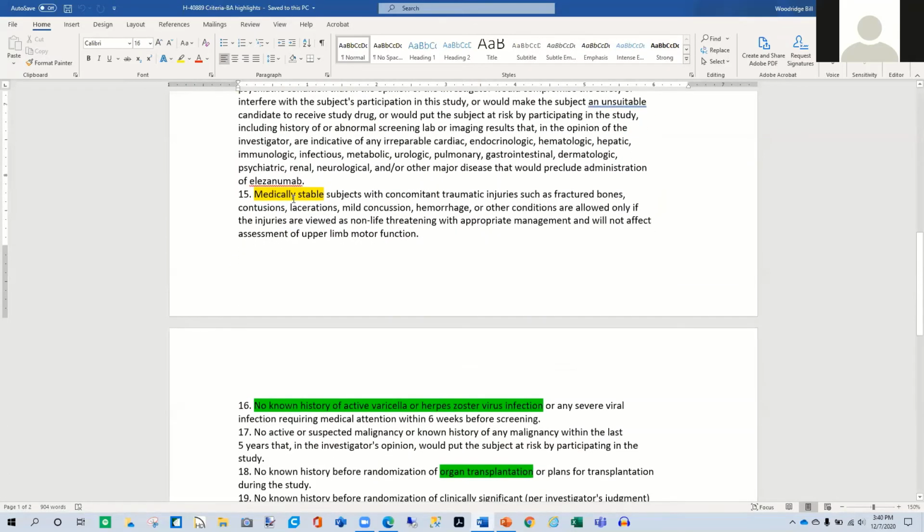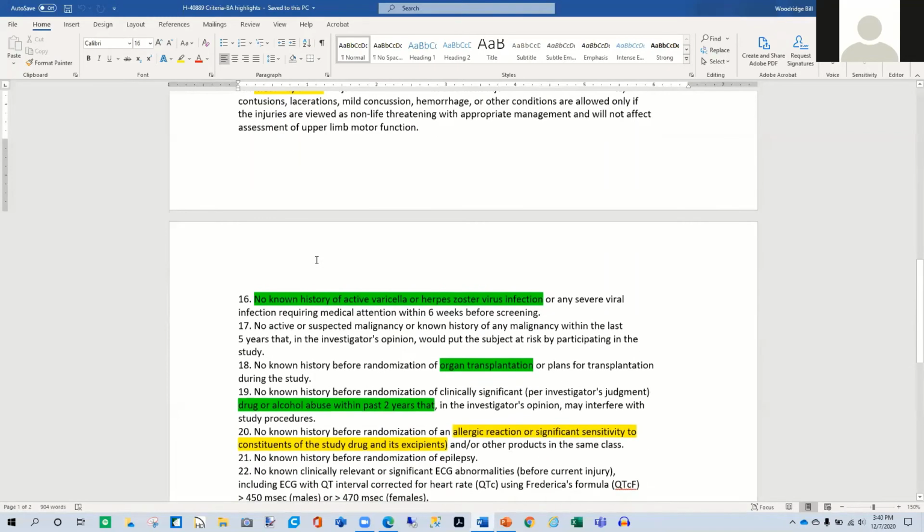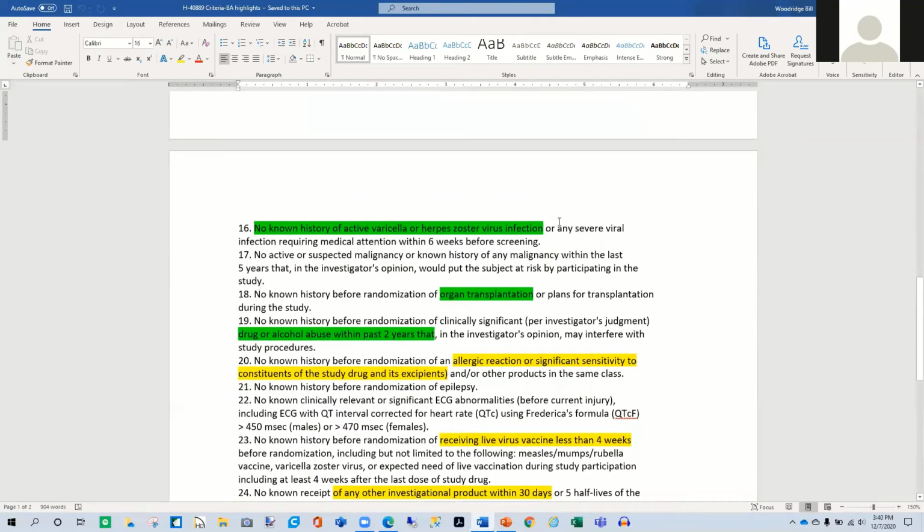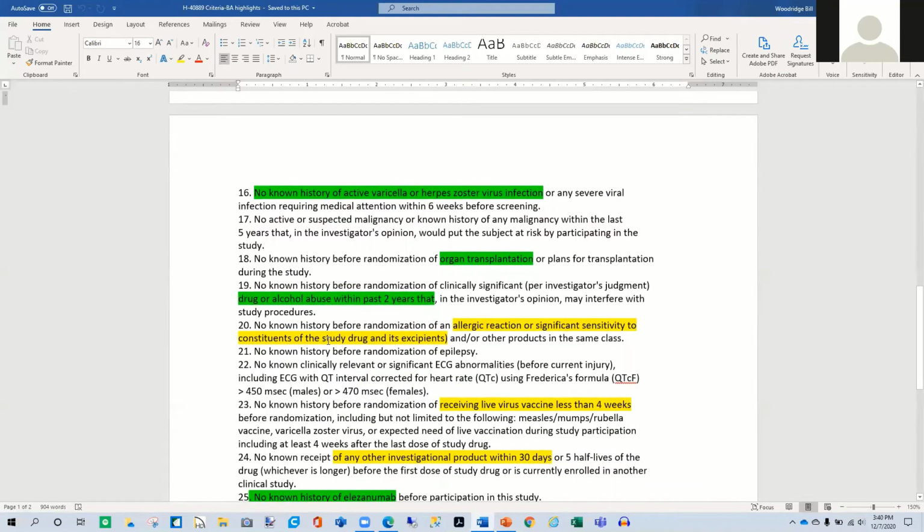Medically stable is a pretty hard concept to include. It changes all the time. So even if you were stable, it doesn't mean you are stable. So that would be hard to measure. No known history of herpes, though, that's pretty measurable. And then you could definitely measure any diagnoses or problems associated with substance use in the past as well.